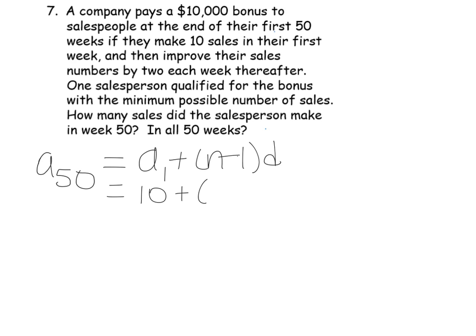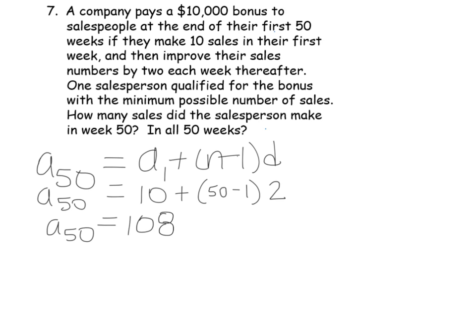And we want to know how many sales they would make in week 50. And the common difference is that they're improving their sales numbers by 2 each week. So this will enable us to find out how many sales they would have made in week 50. So I got 108, so that means in week 50, the salesperson would have had to have made 108 sales.